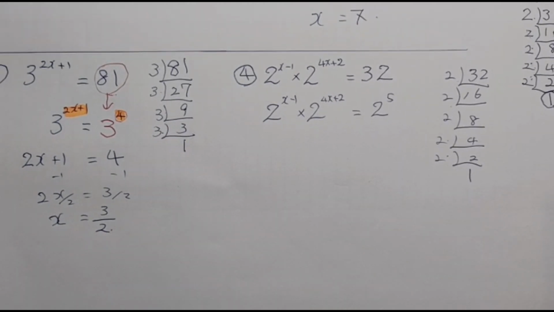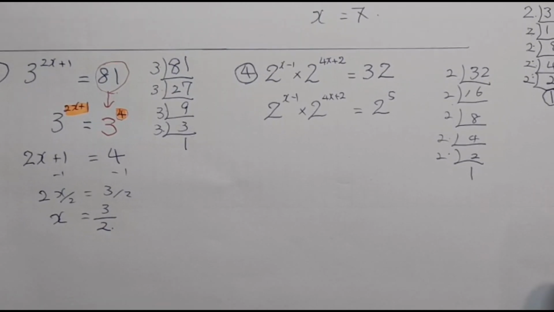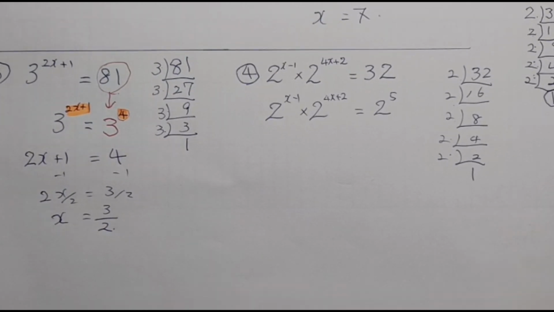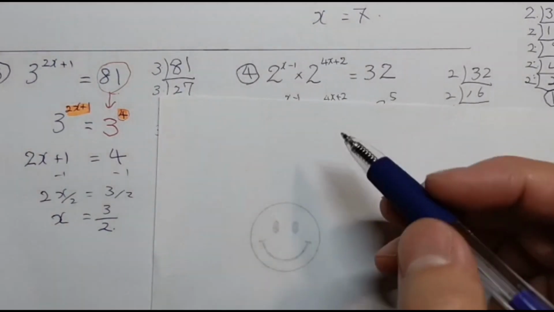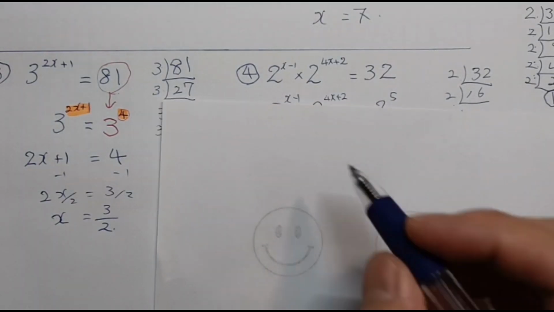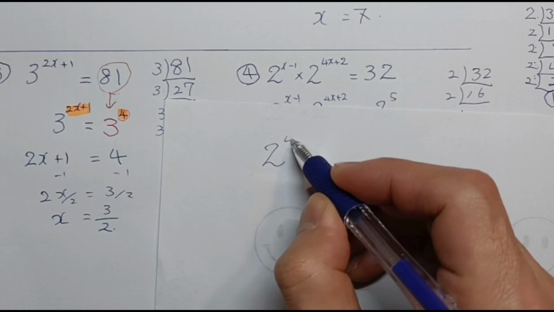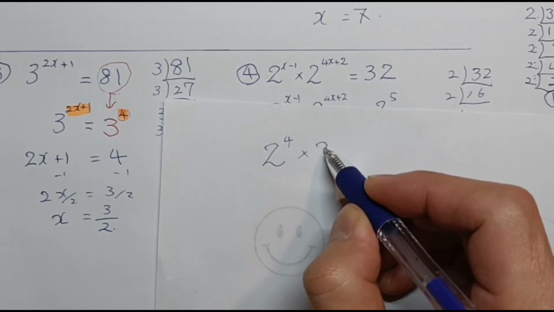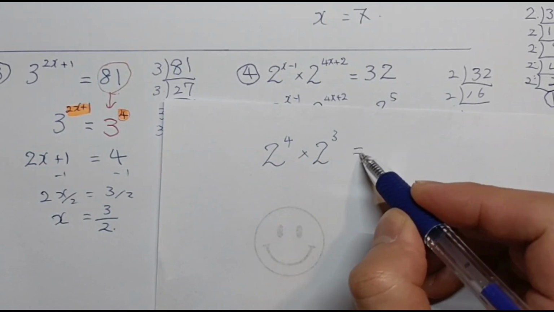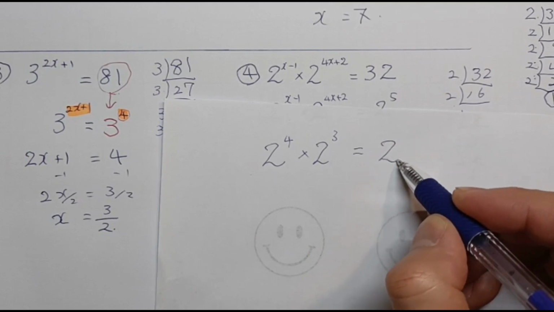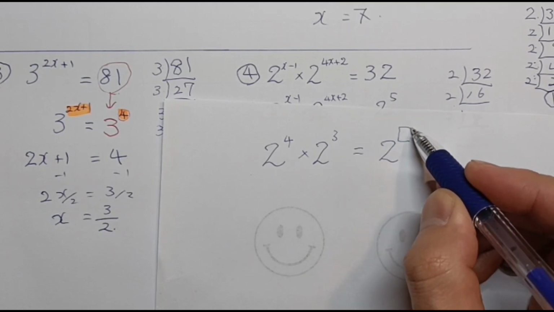Right. It's a smiley mark. But anyway, if you see 2 to the power of 4 times by 2 to the power of 3, how much is the number which fits in the box here?